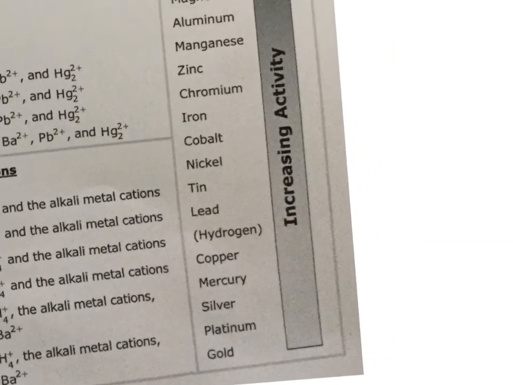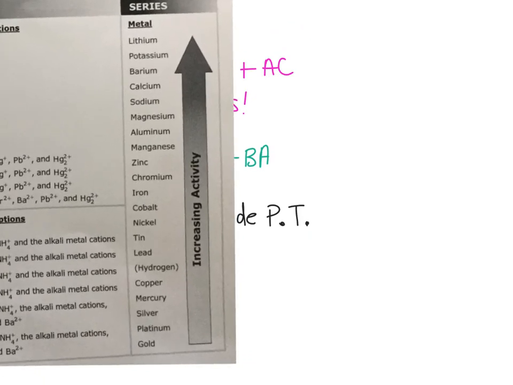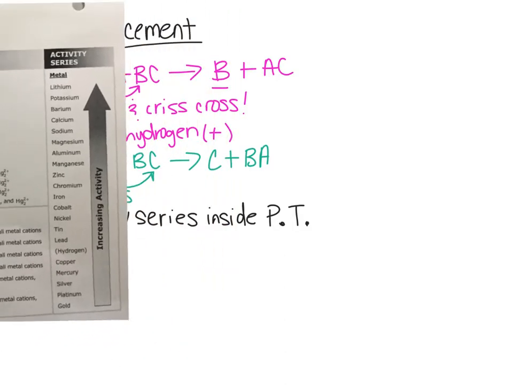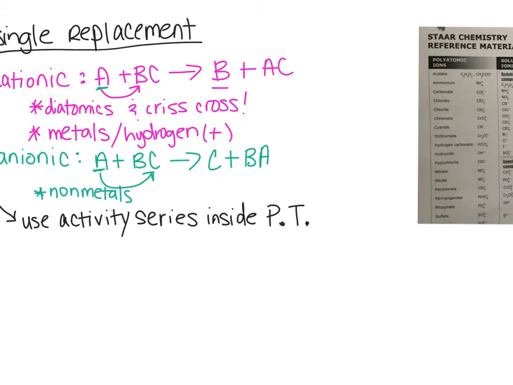All right. So with this, anything at the top can bump out anything below it. That's all that we're going to add to our little notes right here. I'm going to push that off to the side. We're going to say a metal can replace anything below it.